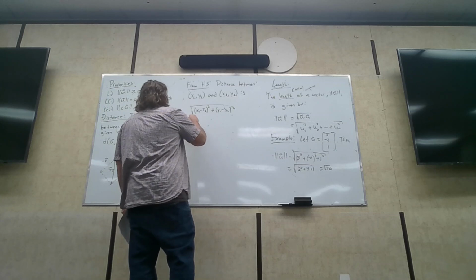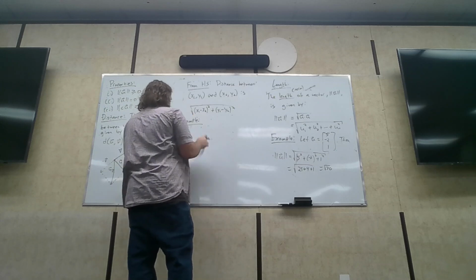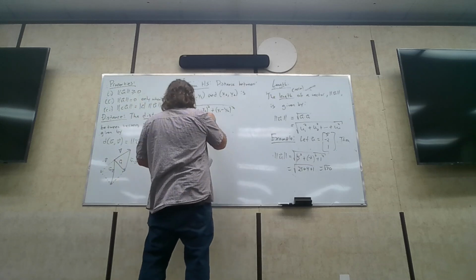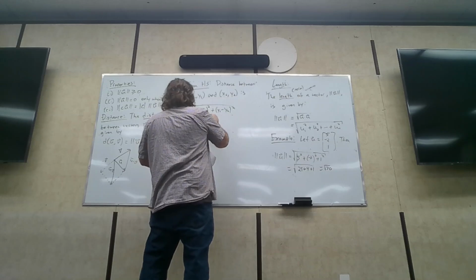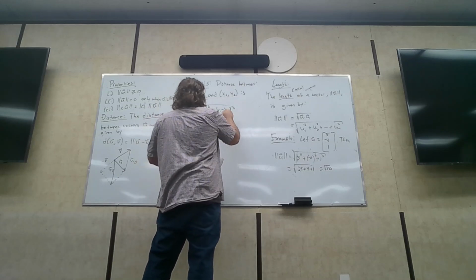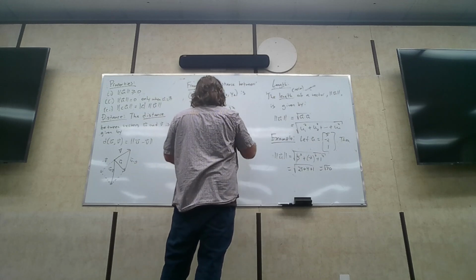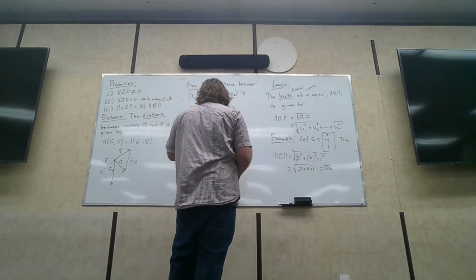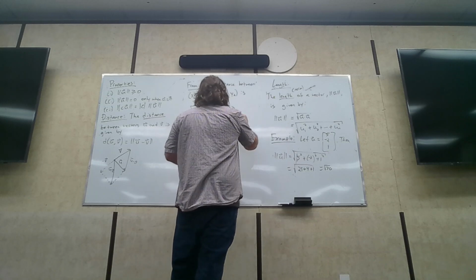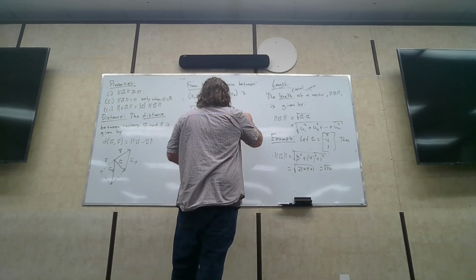So as an example, we're just plugging numbers in now. So let's let u be 1, 3, minus 4. And okay, I chose very specific numbers here, so I'm just going to roll with them.